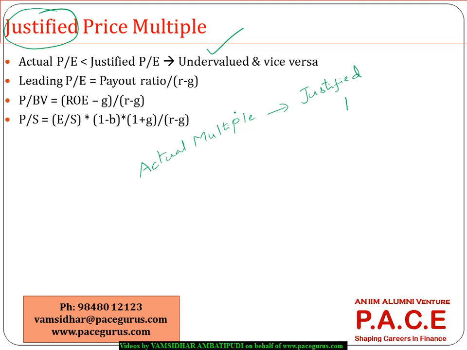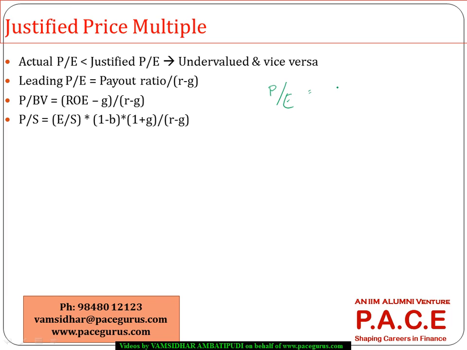But when I am looking at fundamentals based justified value, these are the formulas that we are talking of. How am I arriving at these formulas? Let's look at it. If I want the P by E ratio, we know that, going with the dividend discounting model, P is nothing but D1 by (r minus g).